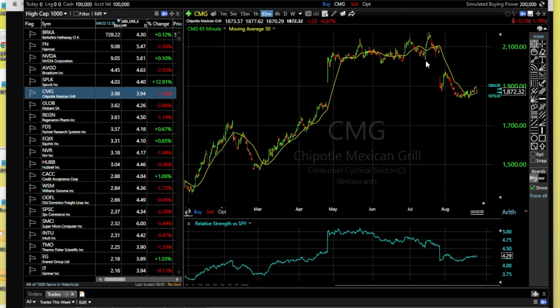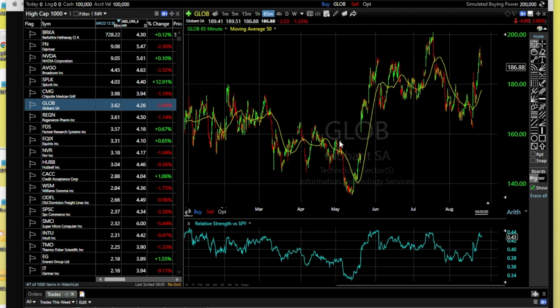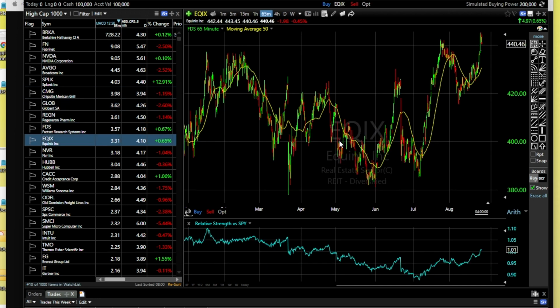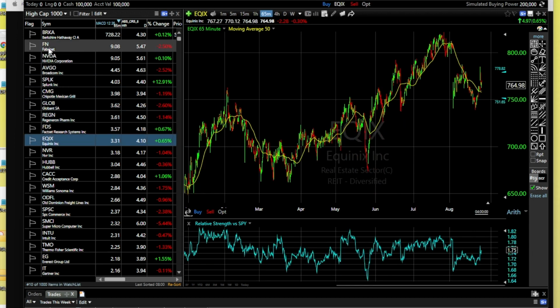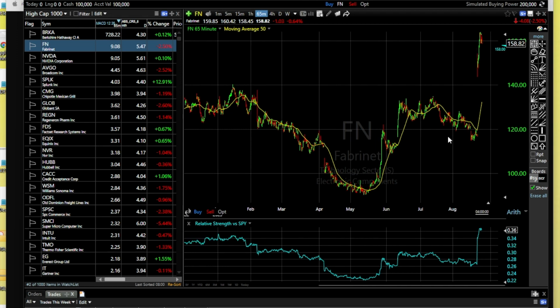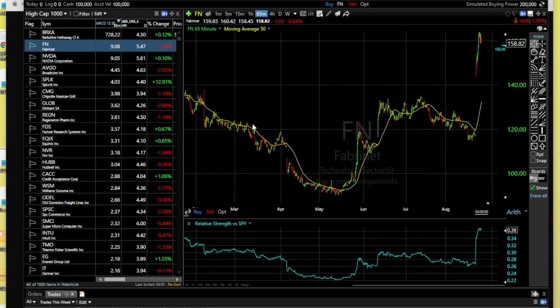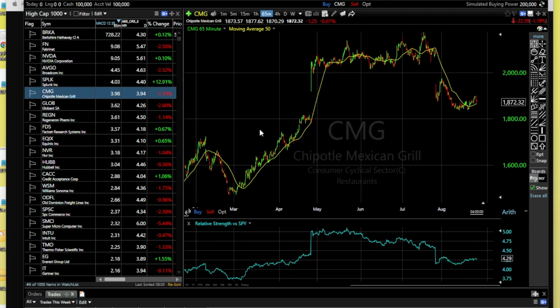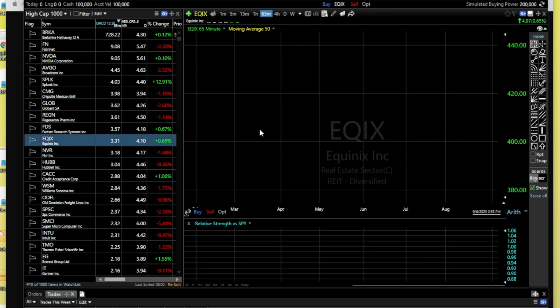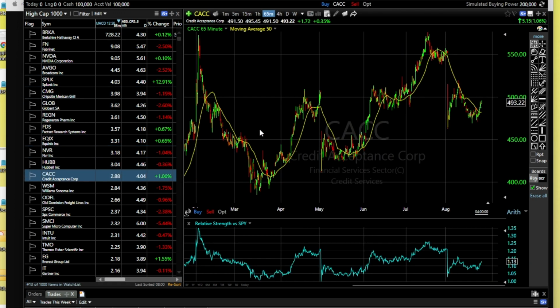Now, they don't have to be in an uptrend. The number can be positive, but like in this case with CMG, it's giving it up. It broke the trend. It's starting to roll over a little bit. So what we're looking for is a situation more like this. This is that Fabrinet. That's something that we might want to trade. And I can just work through that group until I see things that I like.